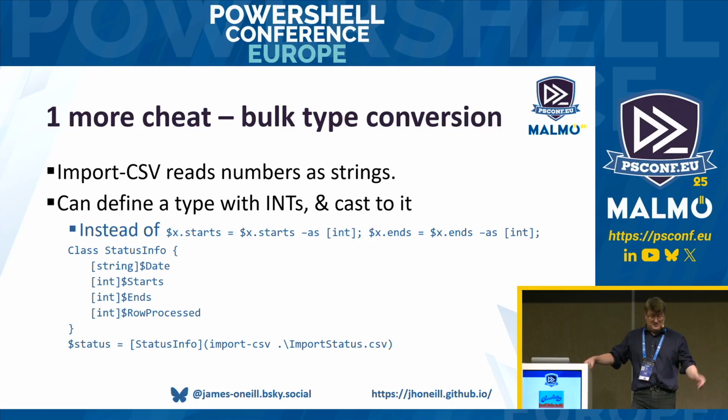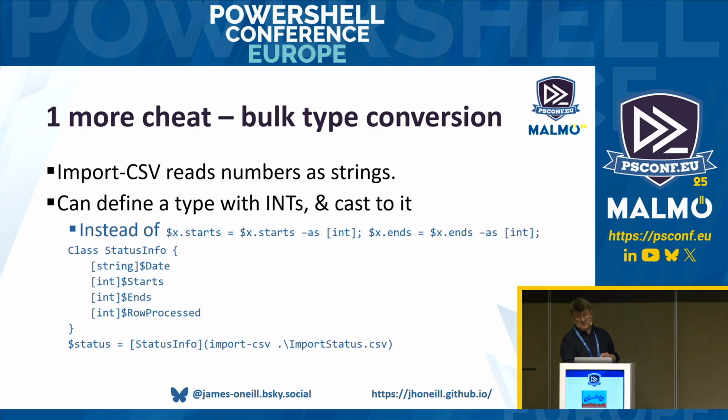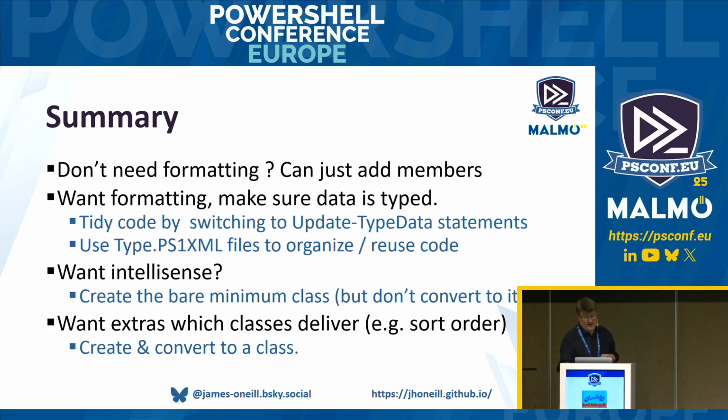And it turns out when you read the data, everything's a string. So you go, oh, I've got to change this value to a number and that one to a number. And actually, all I needed to do was create a little class and cast to that class. I jumped ahead to show you the object from the data row, so I'm not going to talk about that.